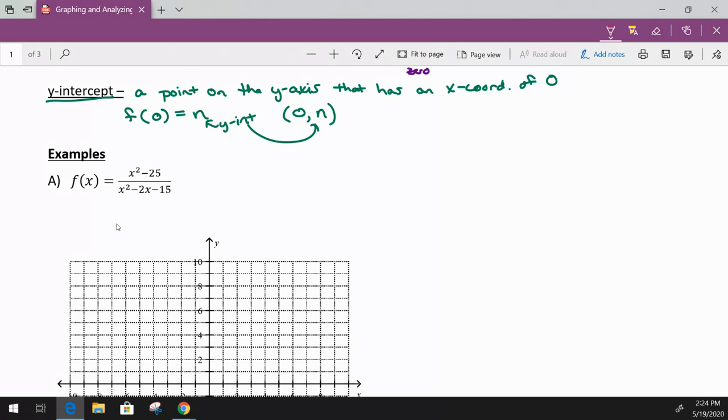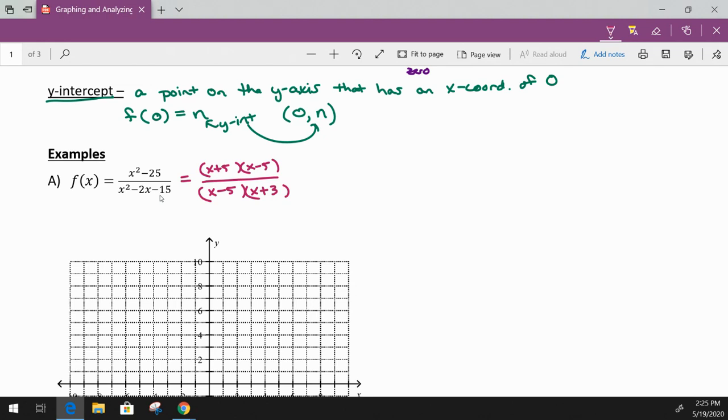With rational functions, a lot of times you want to factor your numerator and denominator if they can be factored. It's always a good place to start. Your x squared minus 25 is a difference of squares. It can be factored into x plus 5 and x minus 5. Your denominator can be factored into x minus 5 and x plus 3.